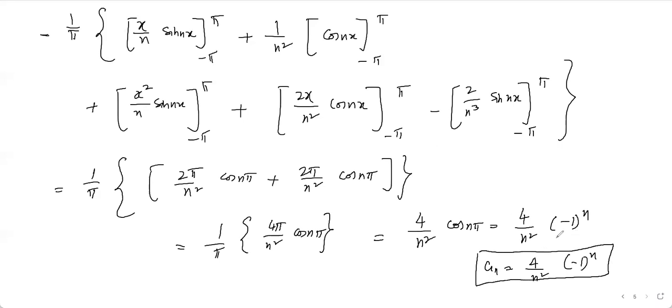Now let us find what is bn. Again bn is 1 by pi integral minus pi to pi f of x, which is x plus x squared, sine nx dx.